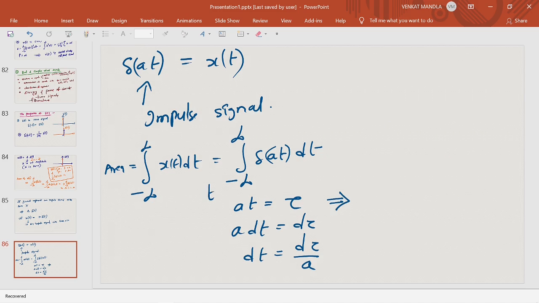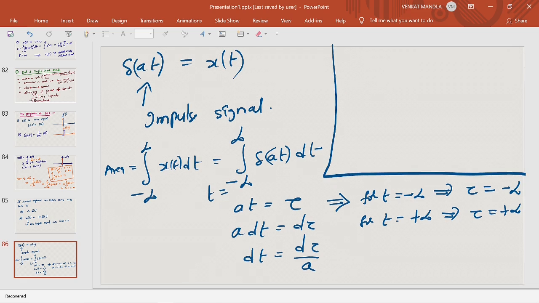Here the t limits are minus infinity to plus infinity. For t equal to minus infinity, tau equals a times minus infinity, which is minus infinity only. For t equal to plus infinity, you get plus infinity. So dt equals d tau by a. Substitute all these things.